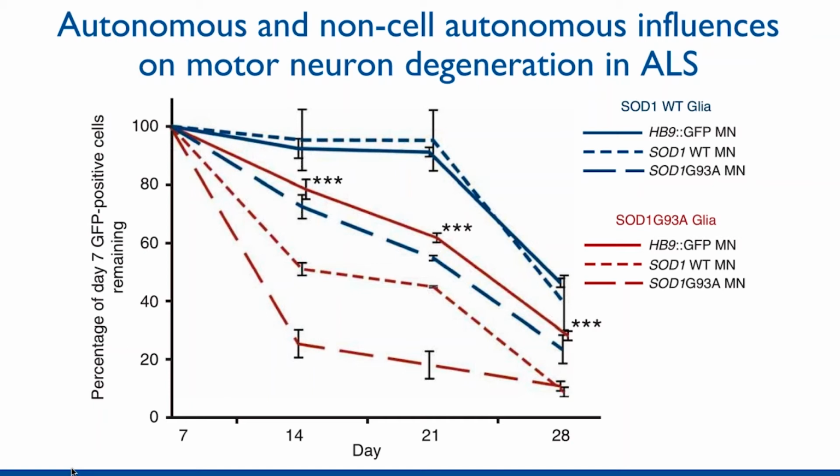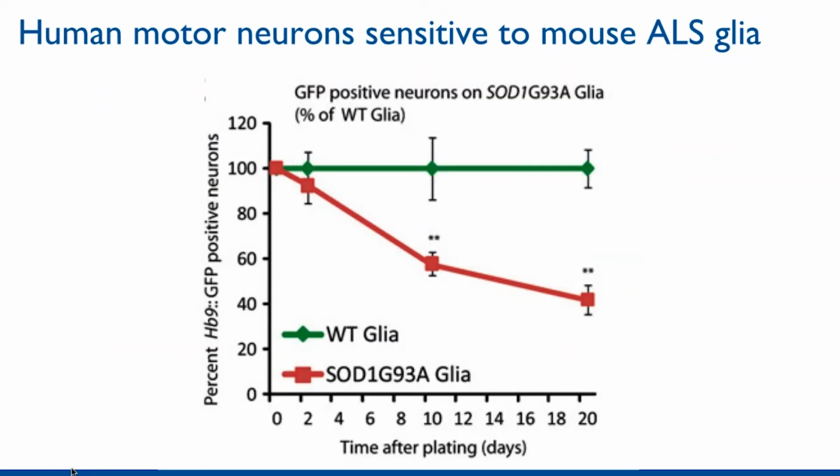And I show you this slide because I'm going to show you an example of pathways and potential therapeutic targets and even candidate medicines that we've discovered that really attack these two different types of biologies that we think are important in ALS patients. So the first I'll focus on is this cell extrinsic, or these cell non-autonomous effects on motor neurons in culture, and that we also think are going on in the nervous system of patients.